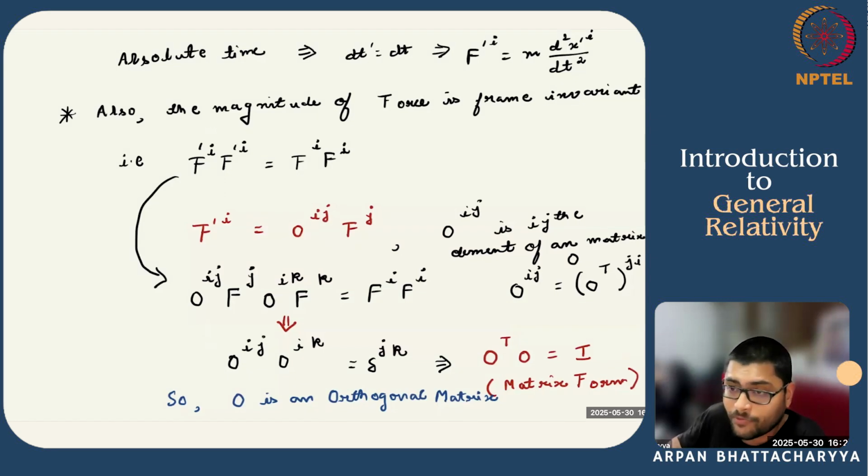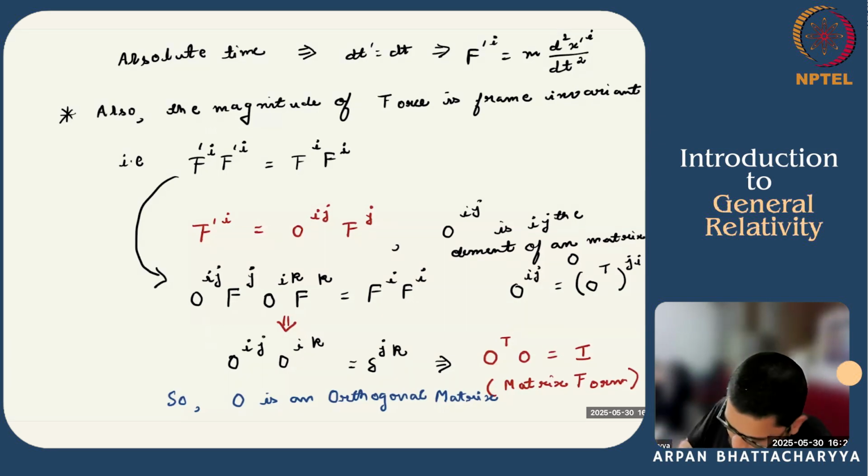In fact, please think about why the magnitude is frame invariant, and how you define the magnitude, which is here, basically. With repeated indices summed over, it is basically a dot product with itself, and you can think of this as a magnitude squared. We are not bothering about the square; you can always square these two quantities. So this statement is basically reflecting that the magnitude is frame invariant.